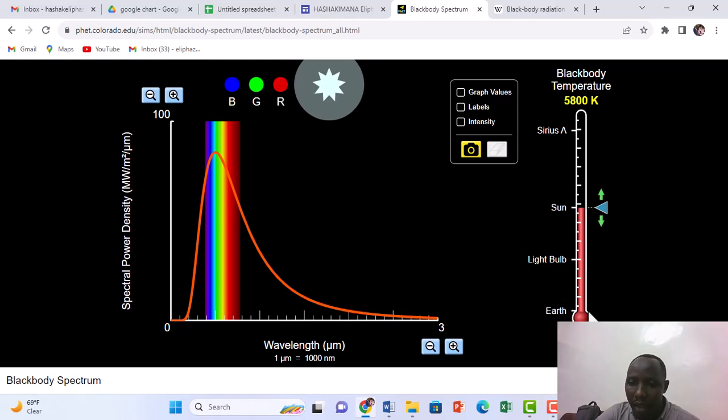This is the earth, this is the light bulb, like torches, and this is the sunshine, with temperatures expressed in Celsius or Kelvin as the black body temperatures. Let us name our graph so that when we vary one variable, another one will vary according to the variation of the first.